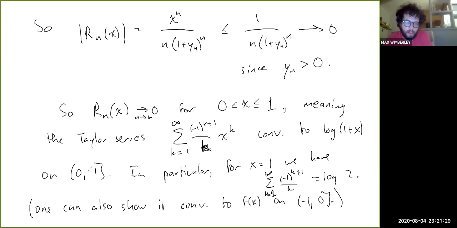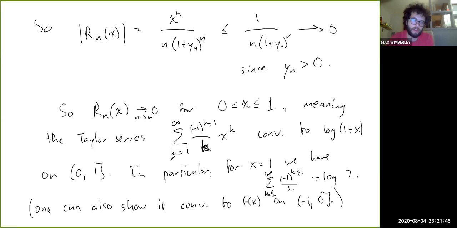Since it converges at x equals 1, it also converges at all of the values between 0 and 1, specifically to log of 1 plus x at those values. I think that should work.